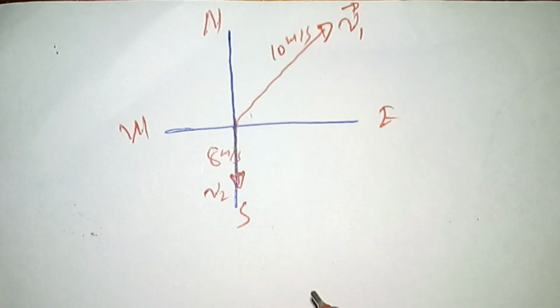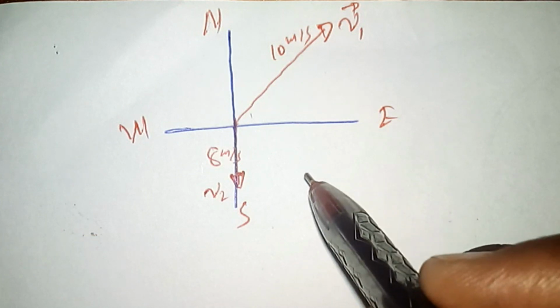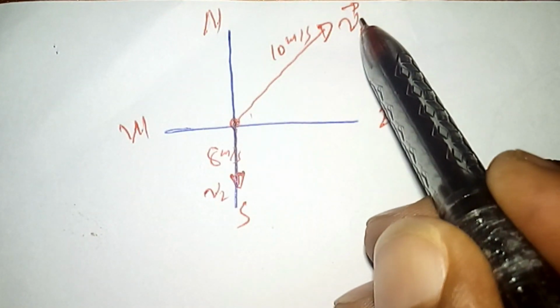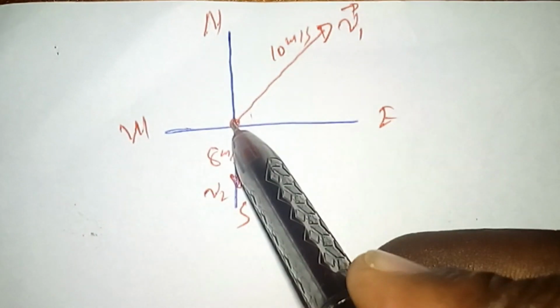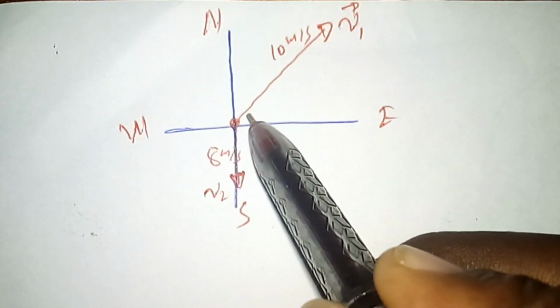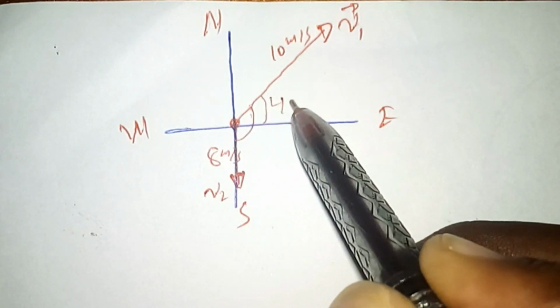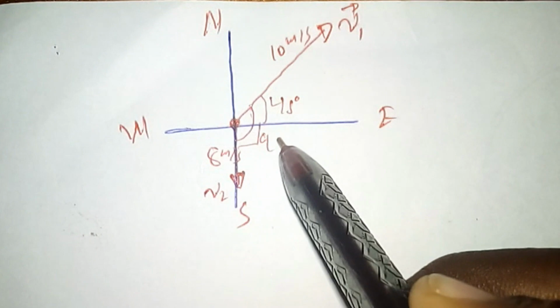The second method I can do this question is to draw the vectors tail to tail, that means drawing the velocity vectors tail to tail to get the angle between them. So the angle between them is exactly, this one is 45 degrees and this is 90 degrees. So the angle theta between the two velocities can be 45 degrees plus 90 degrees, which gives me 135 degrees.